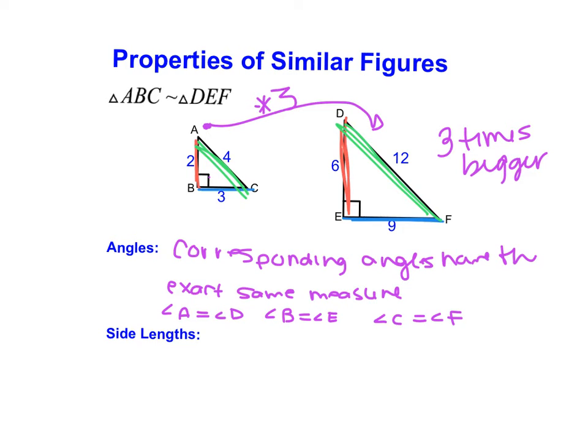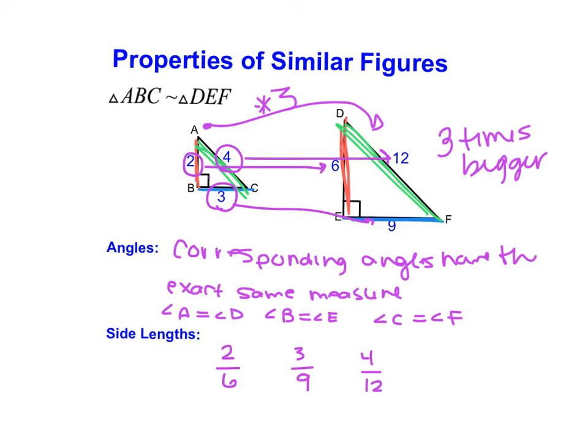So we can clearly see we're multiplying every side length in the small one by 3 to get the big one. What you can also see is if we create fractions out of our corresponding side lengths by putting the smaller triangle in the numerator and the bigger triangle in the denominator. If we start with the red side, that would be 2 over 6. Notice numerator over denominator, small triangle over big triangle. The next side length is 3/9, and the next one is 4/12.